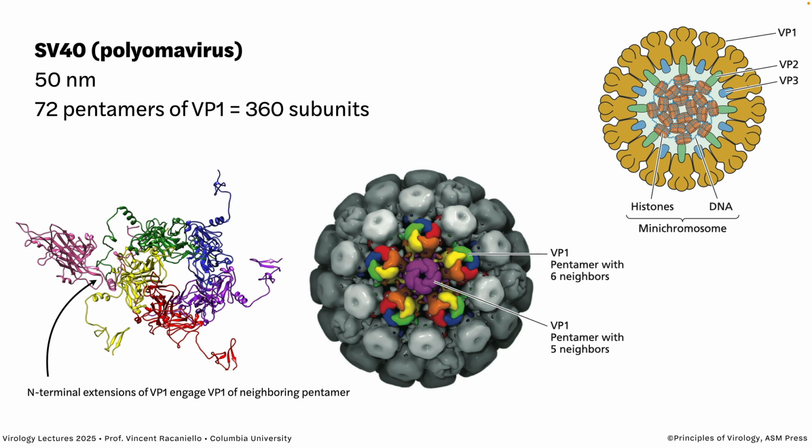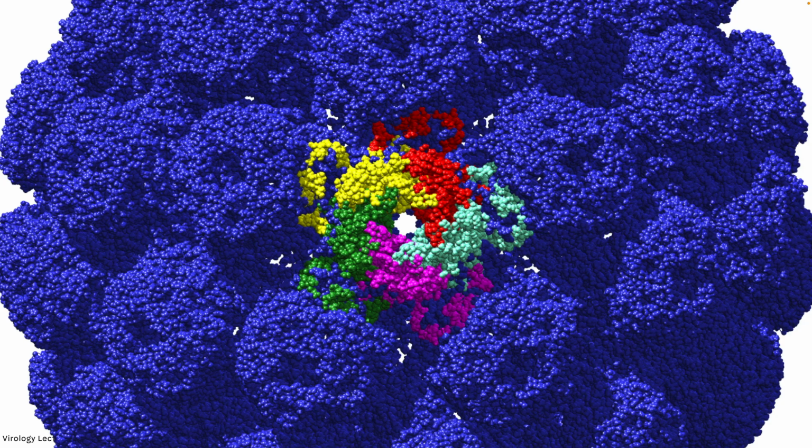But this is cool because it illustrates how structure works. So you can see the N-termini of this protein are sticking out. And that's because they wrap into the neighboring structural unit to give it stability. So now here's an image that I've colored where most of the pentamers are purple.